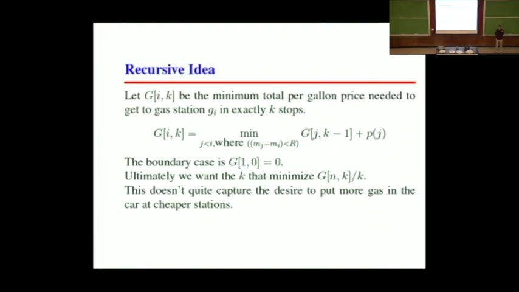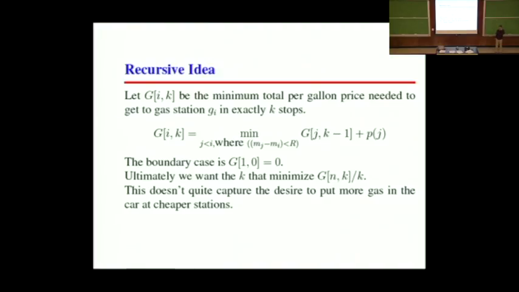Any questions about this? Yes? For the graph algorithm still, if you made the weight the price of the gas station you're going to and you use Dijkstra's algorithm? Okay, so you're saying, could I make this like Dijkstra's algorithm?